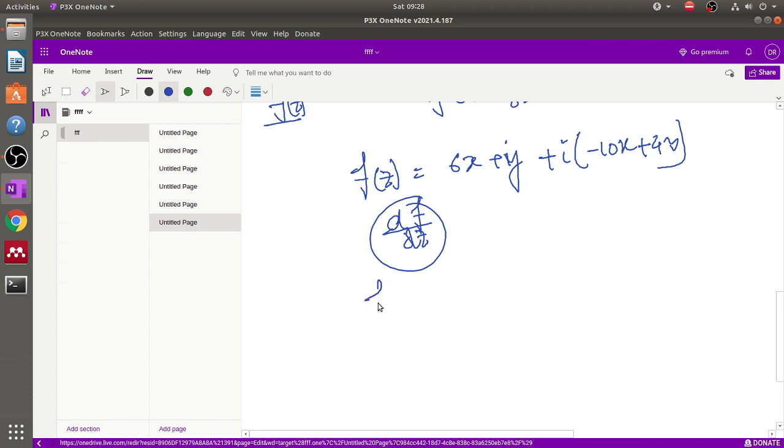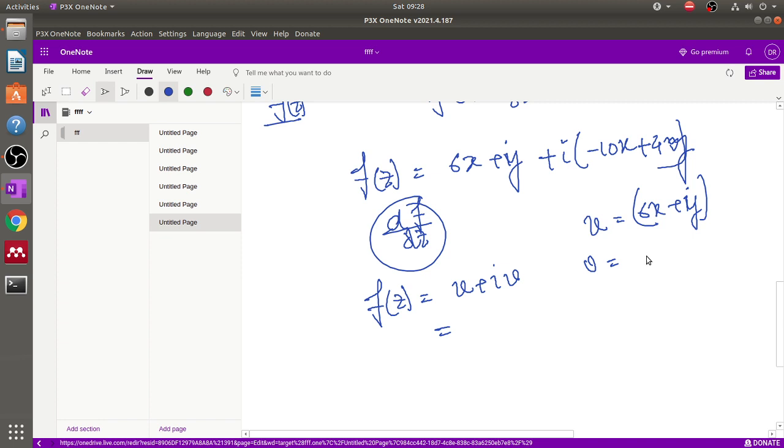So what will we do? First we write f(z) in the form u plus iv. Here u, the real part, equals 6x plus y, and for the imaginary part, v equals minus 10x plus 4y.